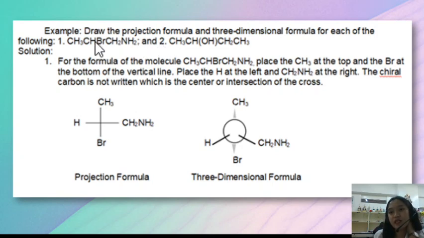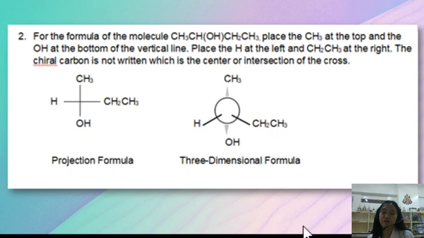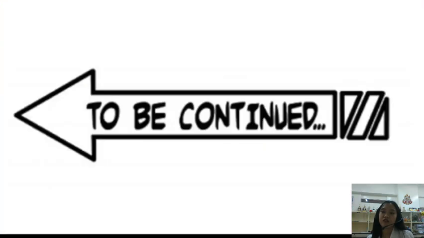Okay? Kasi sabi natin, a substance must contain at least one chiral carbon atom for it to become optically active and for it to become not superimposable.